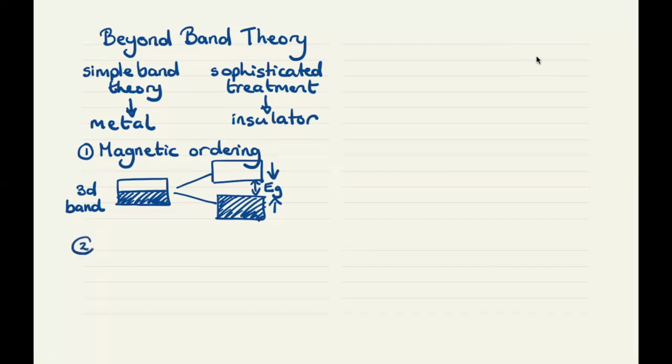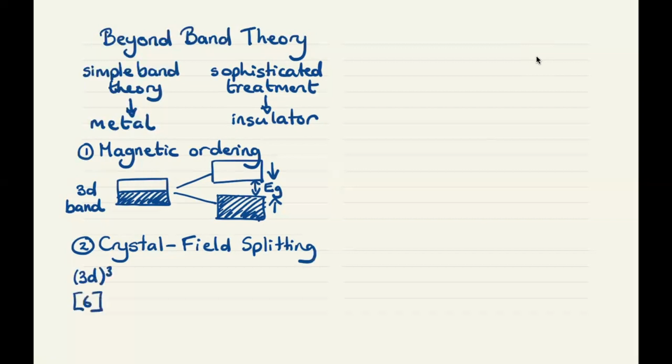A second example from transition metal compounds would be the crystal field splitting. So, for example, if we had a system with 3 3D electrons in an octahedral crystal field, so octahedrally coordinated by oxygen anions, say, without considering the crystal field splitting, then the d electrons would all have the same energy.